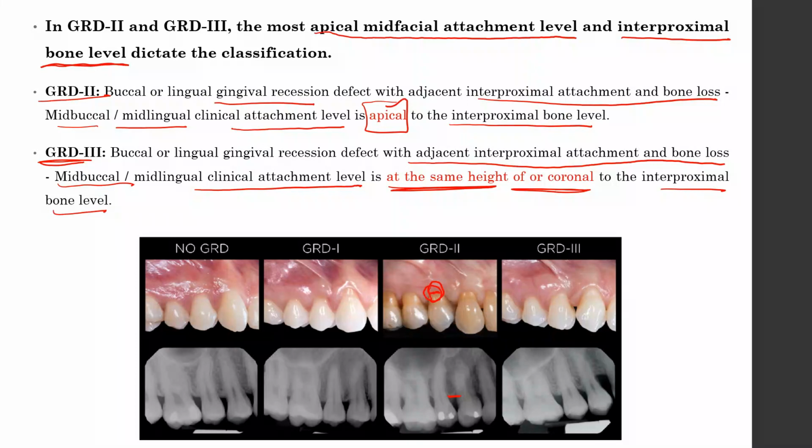So you can see here, this part is the interproximal tissue level, the interproximal bone level is this part, and the midfacial clinical attachment level is this. So this part is basically coronal to the bone loss, at the same height or coronal to the interproximal bone level. So that is how they have established the gingival recession defect.